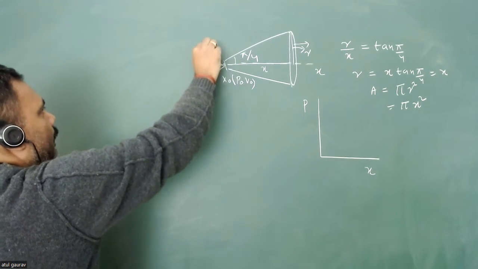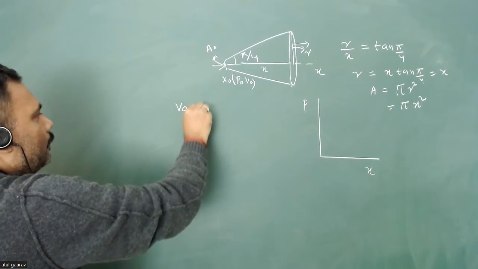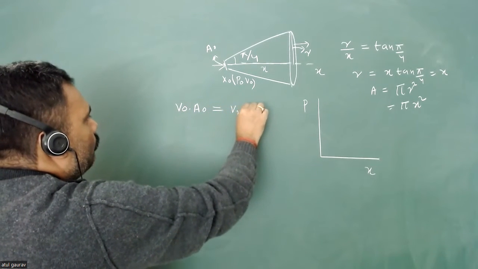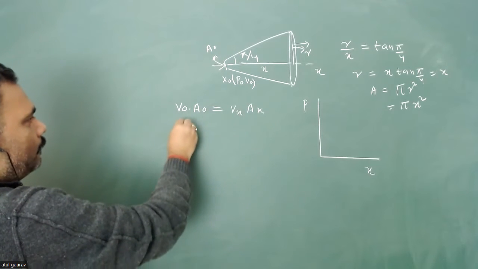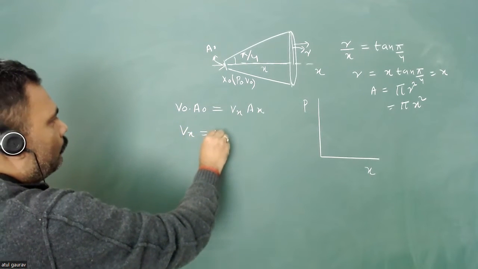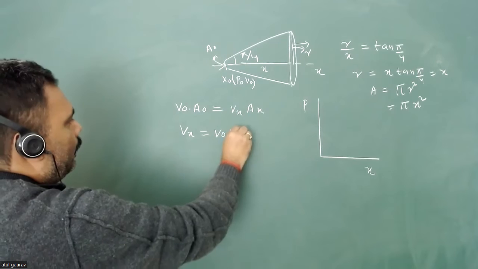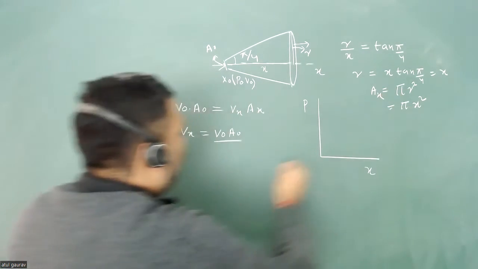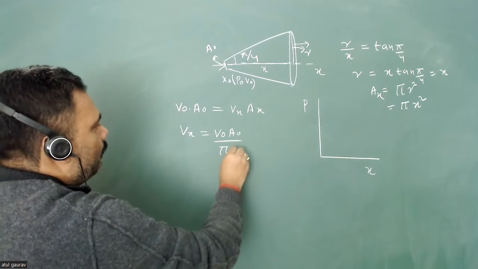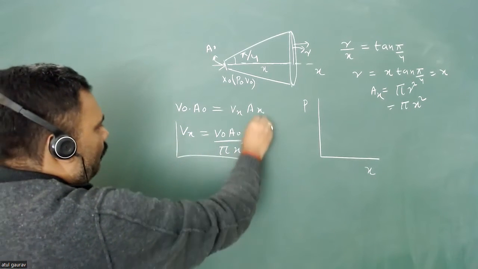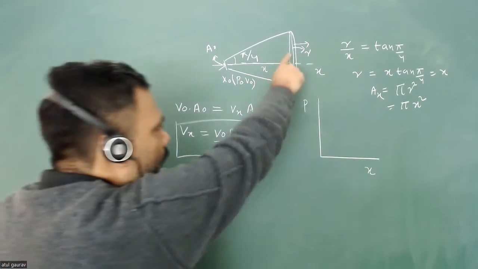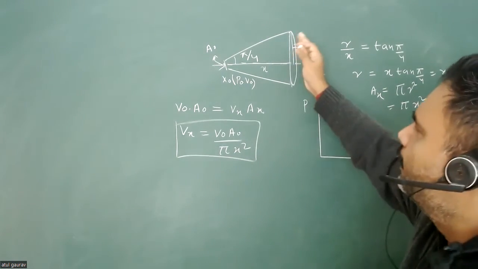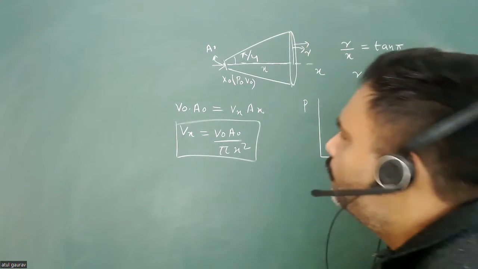So V naught into A naught is equal to Vx into Ax. So Vx is equal to V naught A naught by Ax, and Ax is nothing but pi x square. So this is the speed of every element of liquid at this particular point.